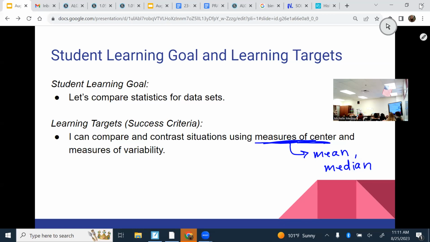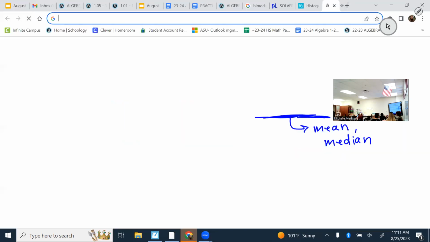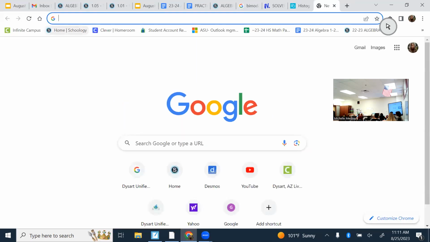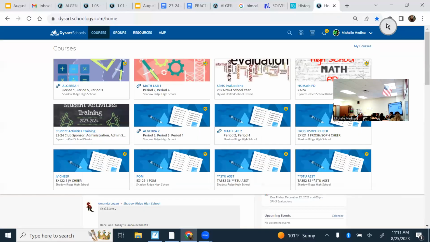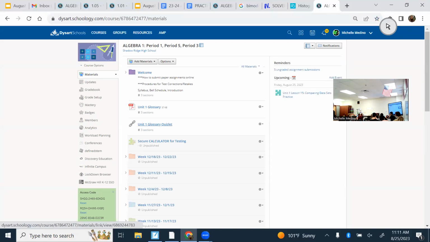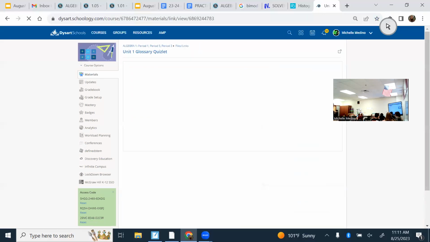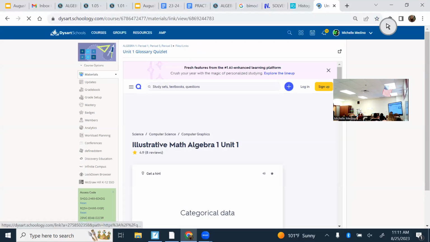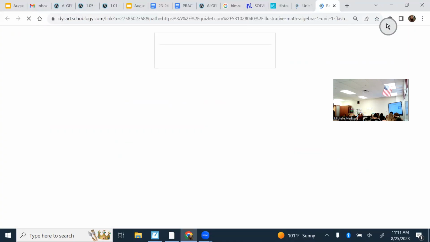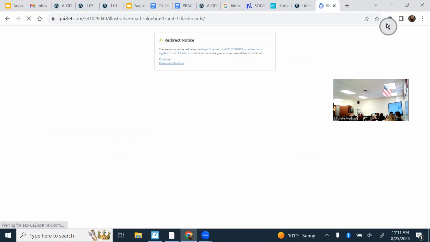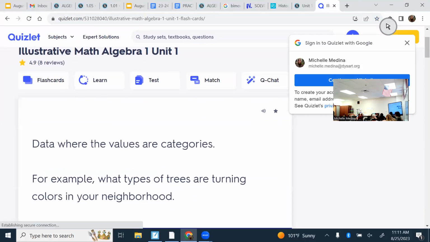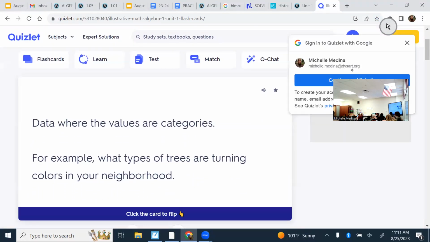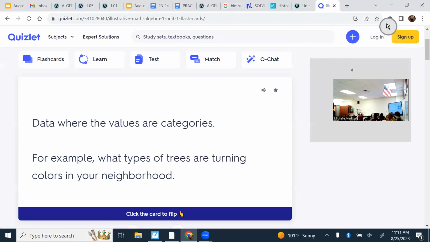I linked a Quizlet in Schoology right at the top for algebra. Maybe if you finish your practice early, you could go through that as a good study tool. You can also make Quizlets yourself. I only found one that was already made for Unit 1, and they're amazing. Great tool. I even used Quizlet in college. I would put all the hundreds of things I had to memorize for a class into a Quizlet.